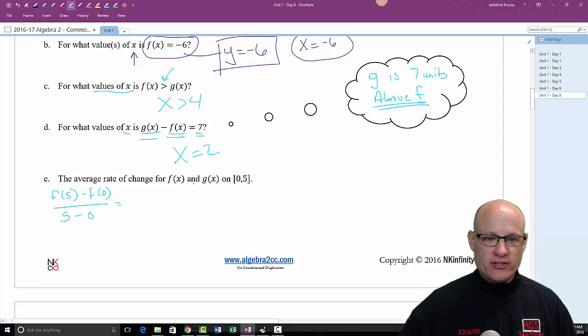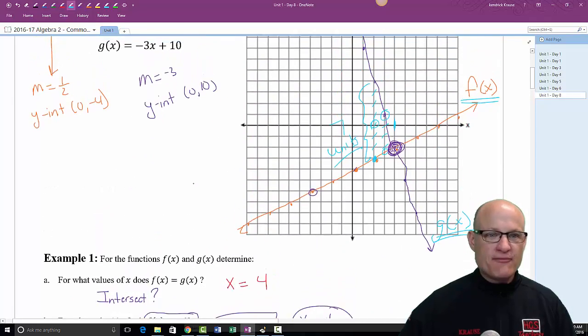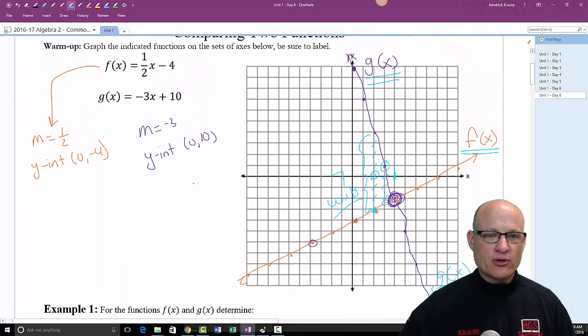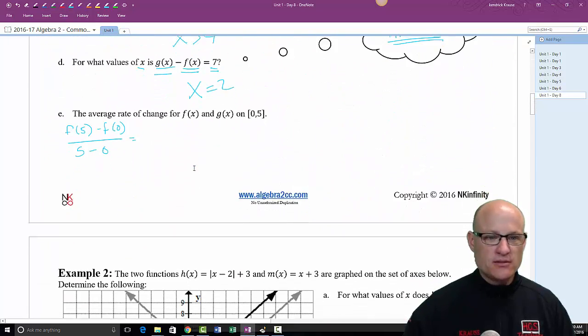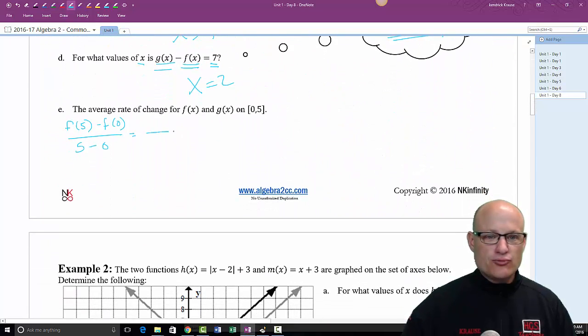Well, f of 0 is easy. F of 0 is just negative 4, because if you were to plug 0 in there, you'd get negative 4. Remember, we sub in using parentheses. 5 minus 0 is just 5.